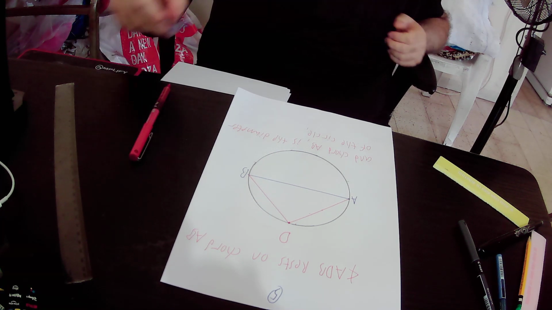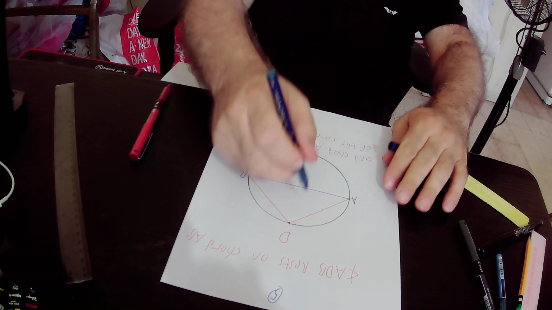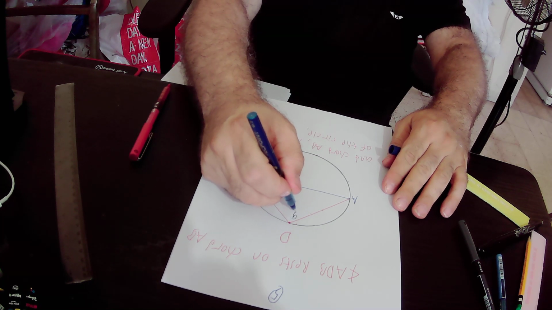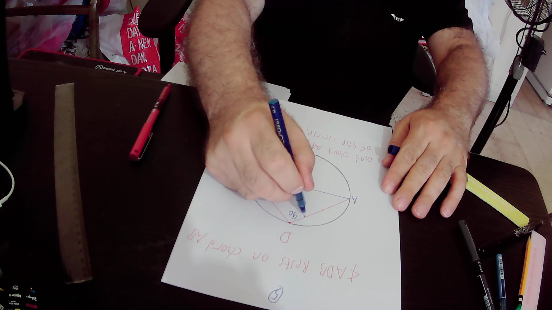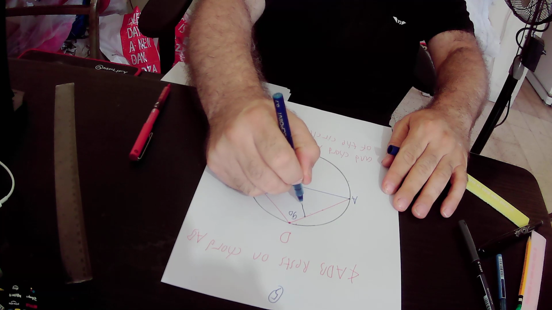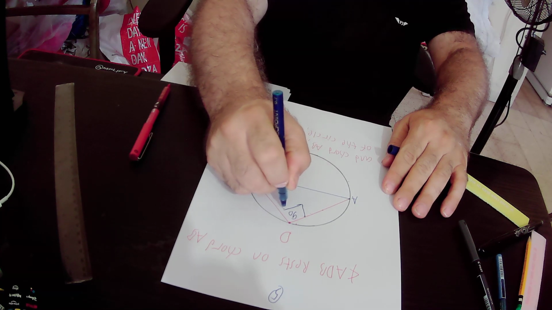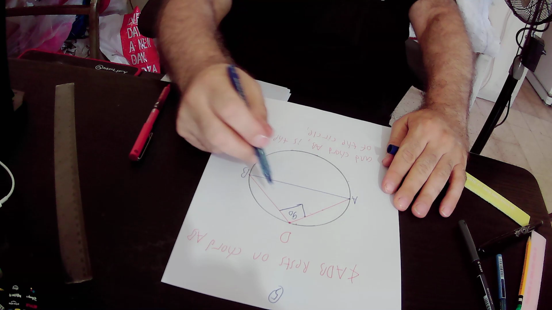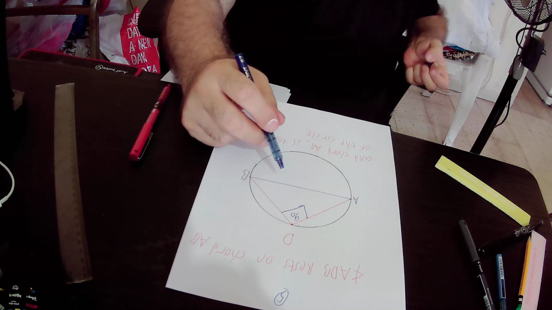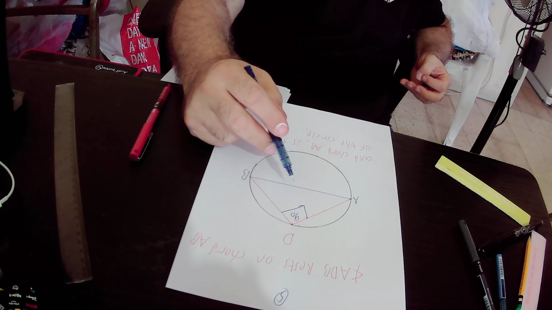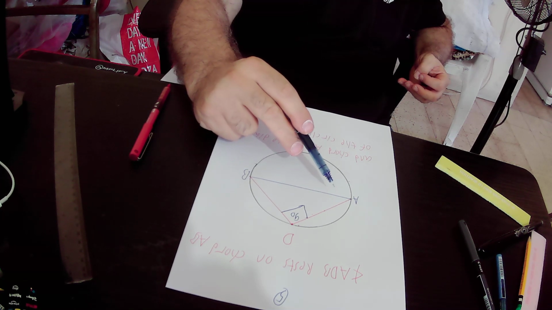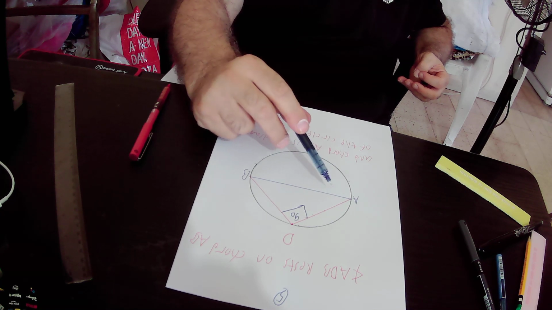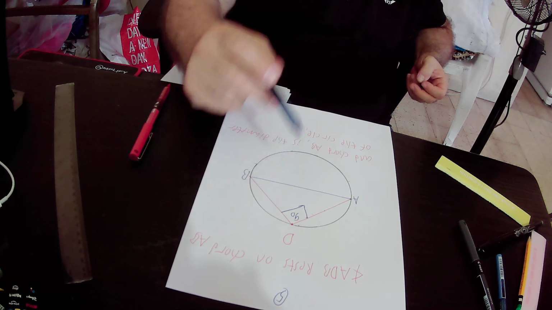Okay, so peripheral angle ADB will be equal to 90 degrees because of the fact that it rests on the diameter of this circle. That is to say, it rests on chord AB, that is the diameter of this circle.